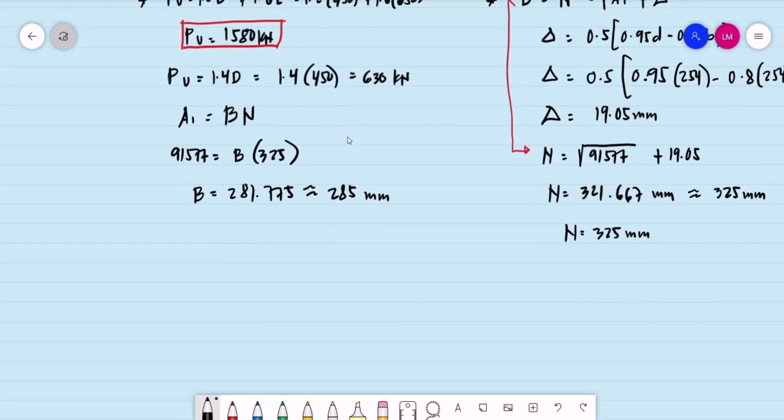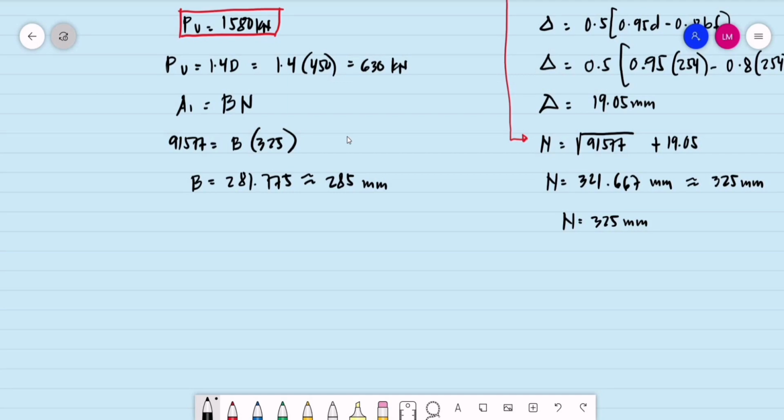Then this will give us our actual area 1. So for our actual area 1, we have B equal to 285 millimeters, and the value of our N is 325 mm. So that is equal to 285 millimeters multiplied by 325 mm.